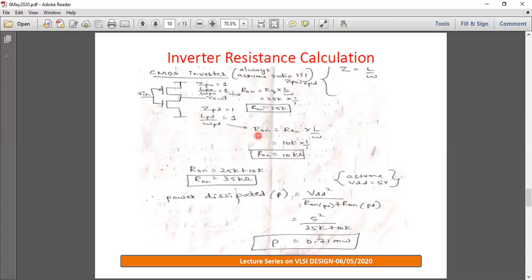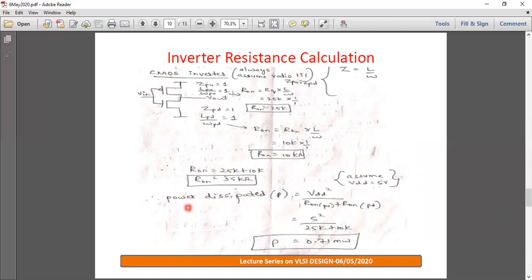And resistance for the pull-down device is given by sheet resistance into L by W. The pull-down device is an NMOS transistor. Hence sheet resistance for NMOS is 10K, and L by W for pull-down is 1. This gives you a pull-down resistance of 10K. Therefore, on resistance or total resistance offered by the CMOS inverter is resistance of pull-up plus resistance of pull-down, that is 25K offered by the pull-up device plus 10K offered by the pull-down device. So total resistance is 35K.